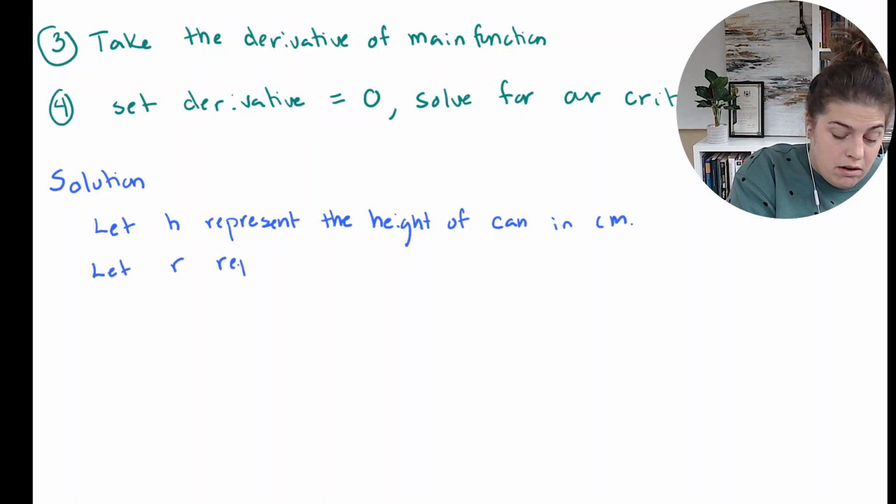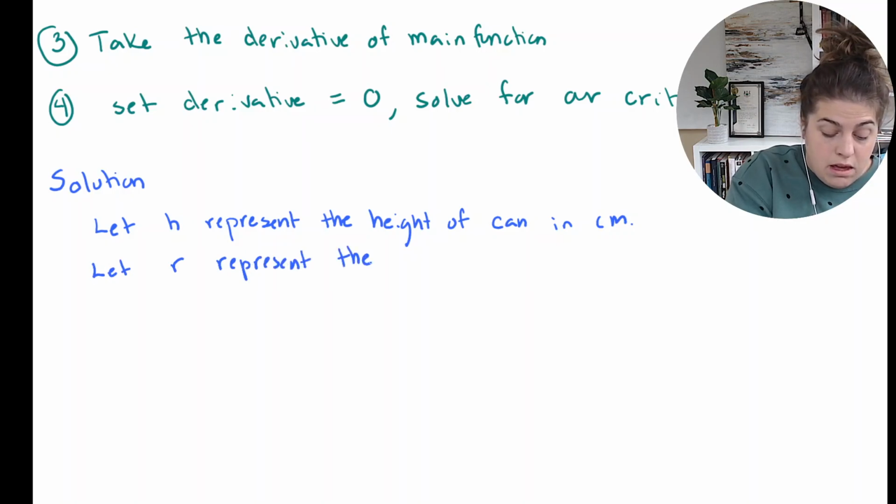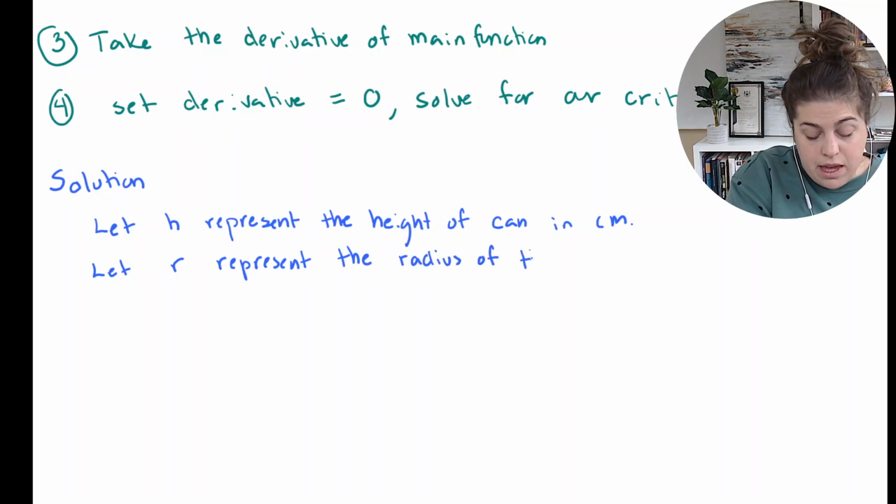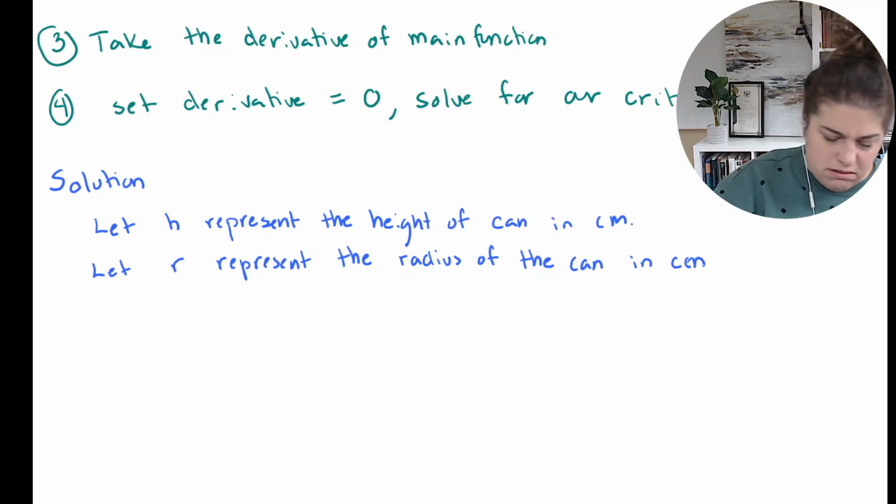Let R represent the radius of the can in centimeters. That looks like corn.